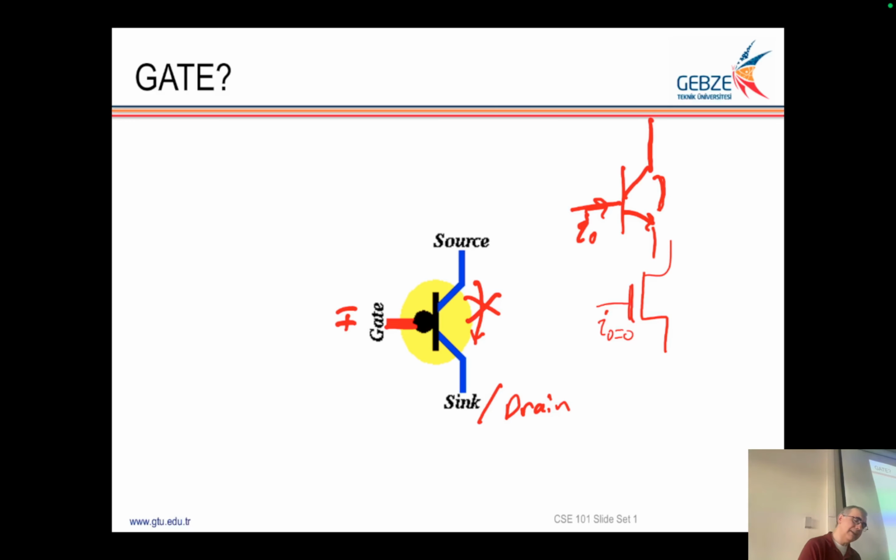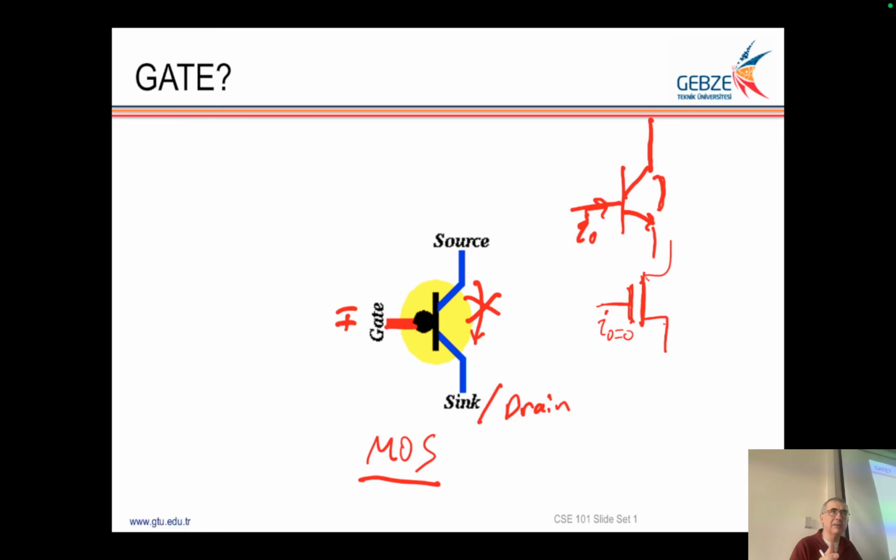And usually the logic circuits are metal oxide semiconductor, MOS. Metal is probably aluminum, as I said. Metal oxide semiconductor. So there is no current flowing from here to here. In transistor, it flows.